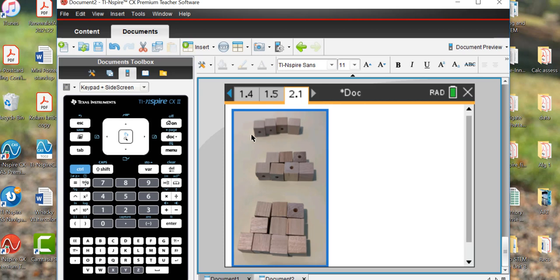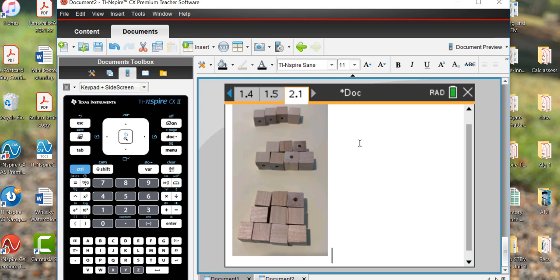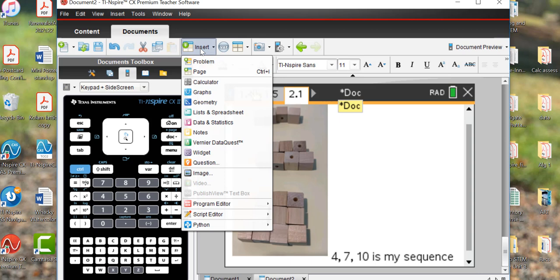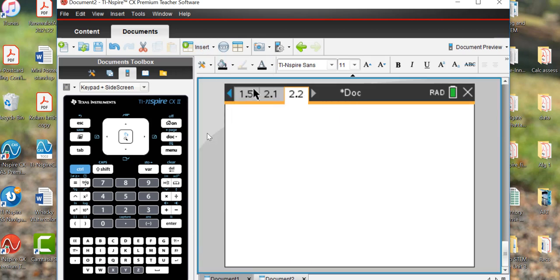Okay, so I see 4, 7, 10, or 10, 7, 4. Okay, so let's say that this student saw it as 4, 7, 10 is my sequence. All right, so let's try to write the explicit.